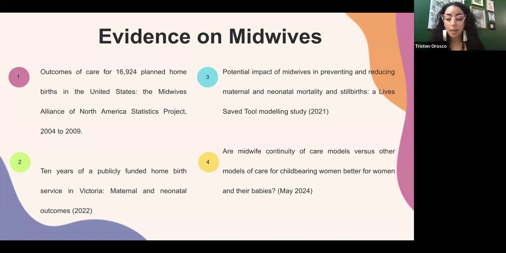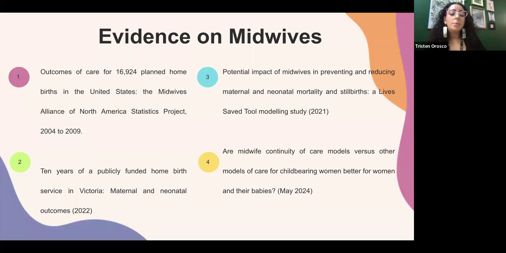So this could have been during the prenatal time or at some point during the labor before the baby was born. And 8.2% transferred in the postpartum period. Overall, they found lower rates of episiotomies and need for suturing, less active management, and less blood loss overall.